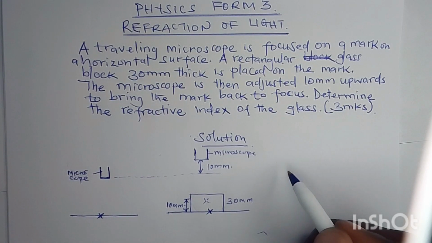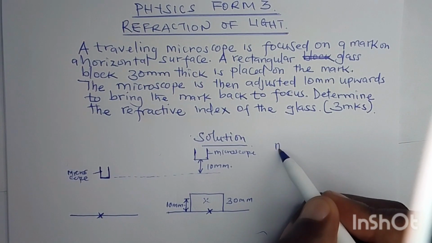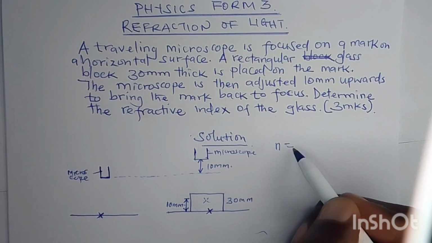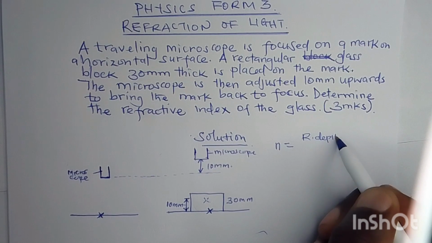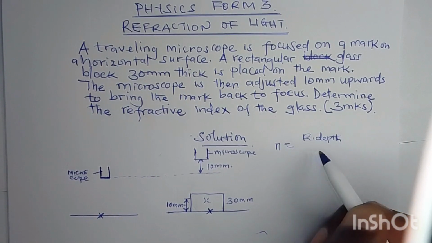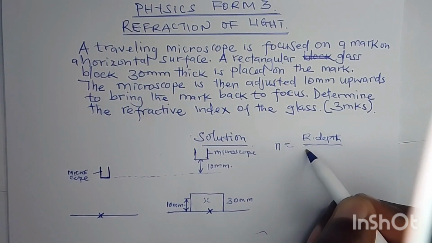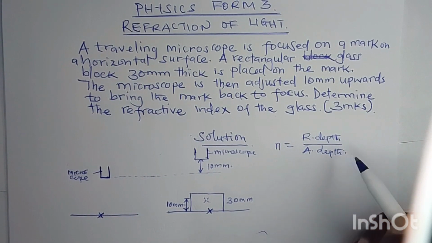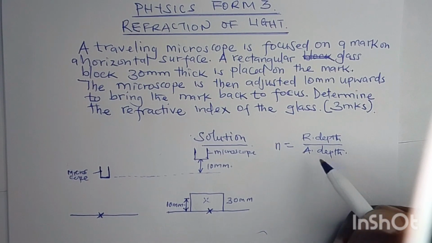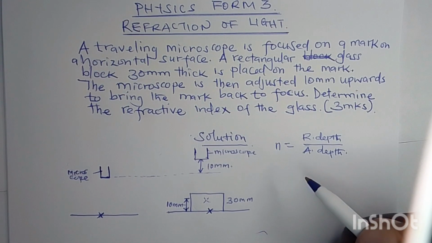We know very well that refractive index is given by real depth divided by apparent depth. But we don't have the apparent depth. We can get it.